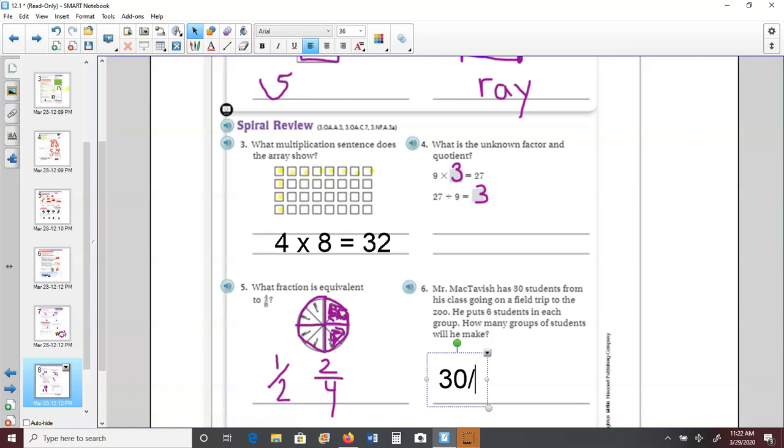So he's dividing by 6 students, and 30 divided by 6 would equal 5. And you could also have written this out using our basic math symbol. 30 divided by 6 equals 5.